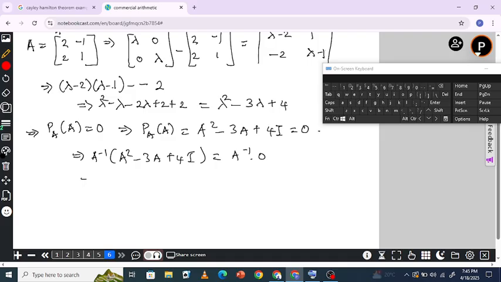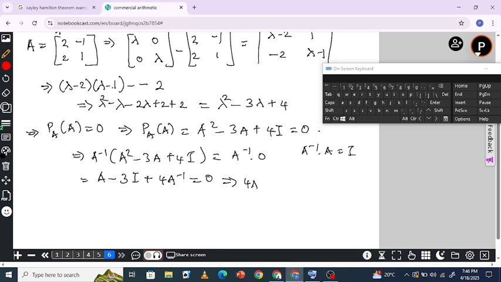That means when you multiply A inverse by A squared, you'll be left with A, minus 3I, because we know that A inverse times A gives you I, plus 4A inverse, equals 0. But now we have to make A inverse the subject.